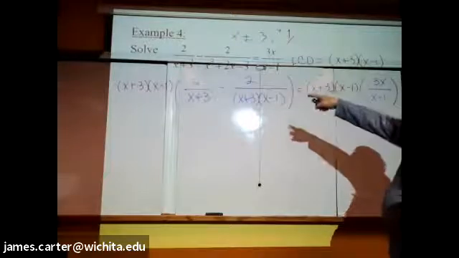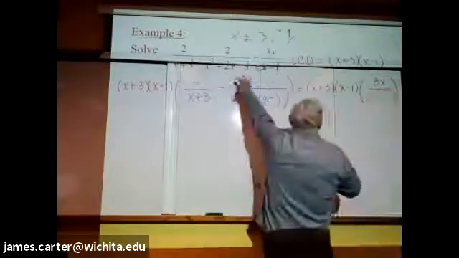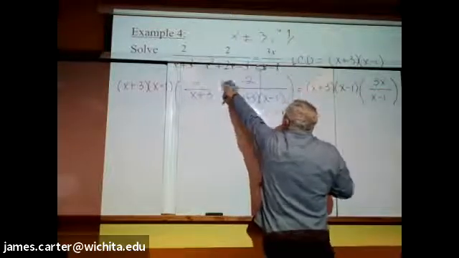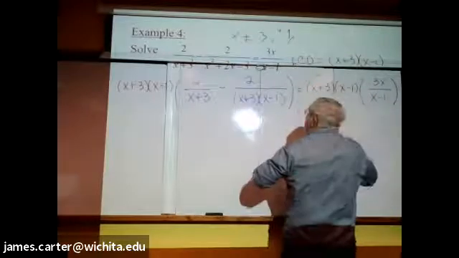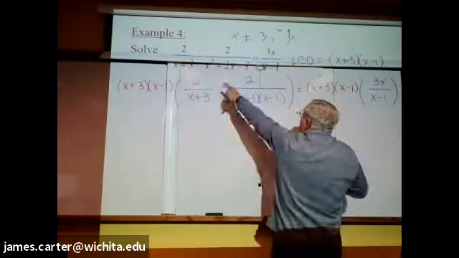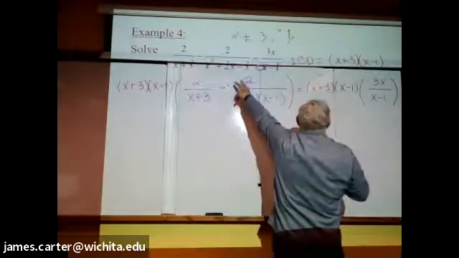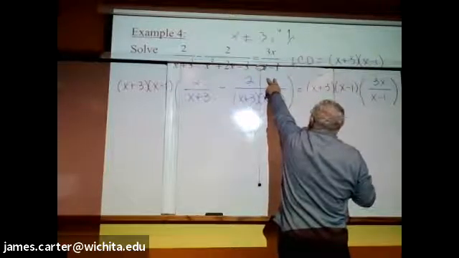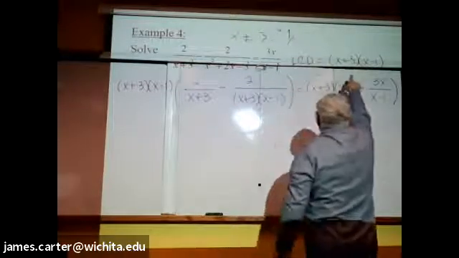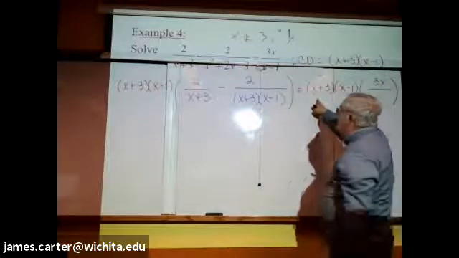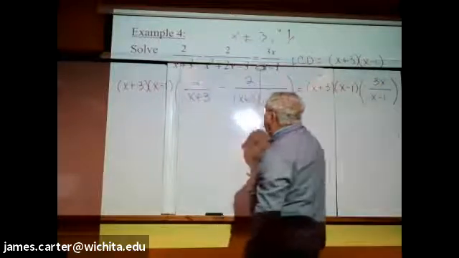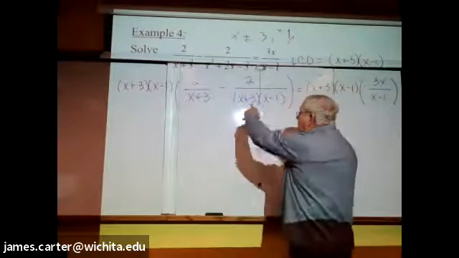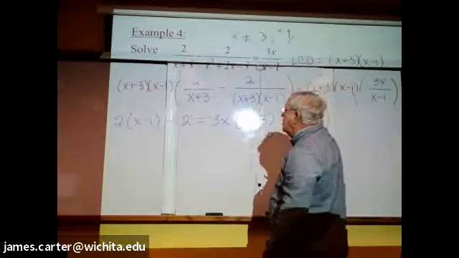We find out when we factor this middle term that it's made up of x plus 3 and x minus 1. So we've got an x plus 3 there, x plus 3 times x minus 1 here, and x minus 1 here. So there's my common denominator. And I multiply it times every term, by distribution in this case.